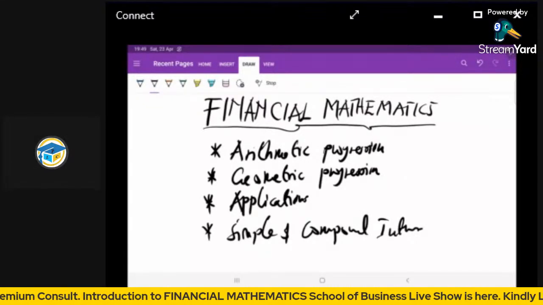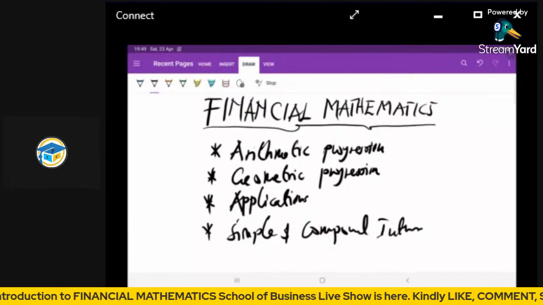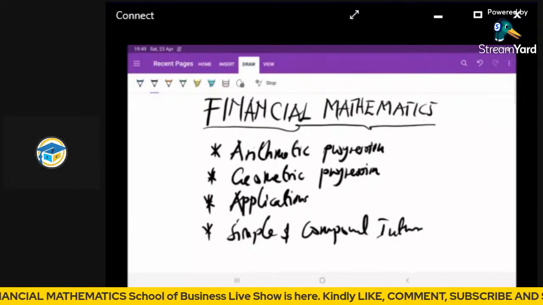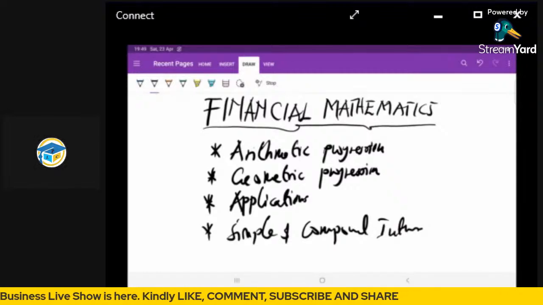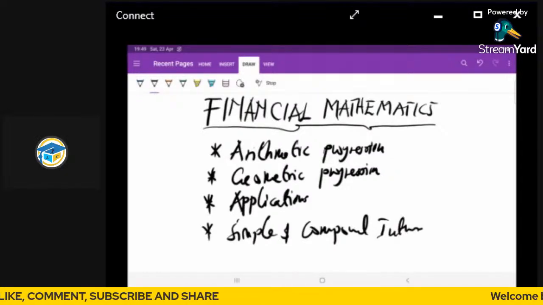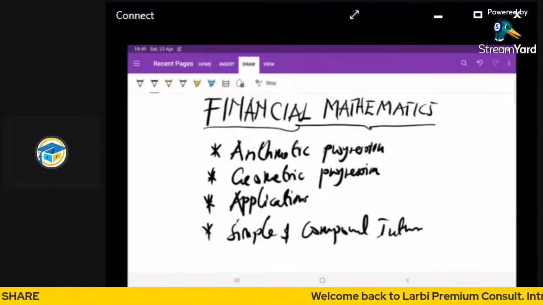We look at a lot of key topics as far as financial mathematics is concerned. Right now, we're just going to look at the key mathematical models that help us make financial decisions and solve financial problems in our daily lives.